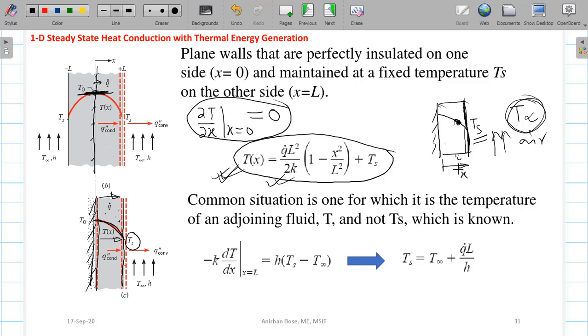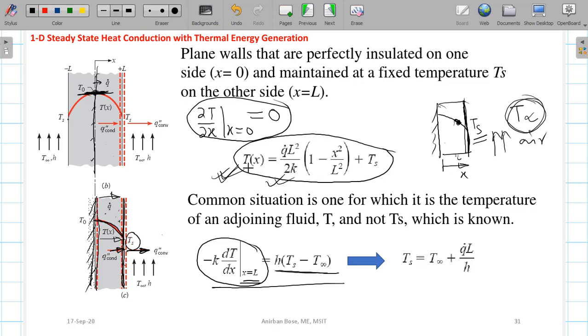So to do that we can use this formula: at this point, since this is a surface and surface cannot store any energy, the rate at which the conduction is taking place here, at the same rate the heat will be convected. The heat flux for the conduction is minus k dT/dx according to Fourier's law, but we are interested at x is equal to L, that means at this point, and the same heat will be convected and that is h into (Ts minus T infinity).